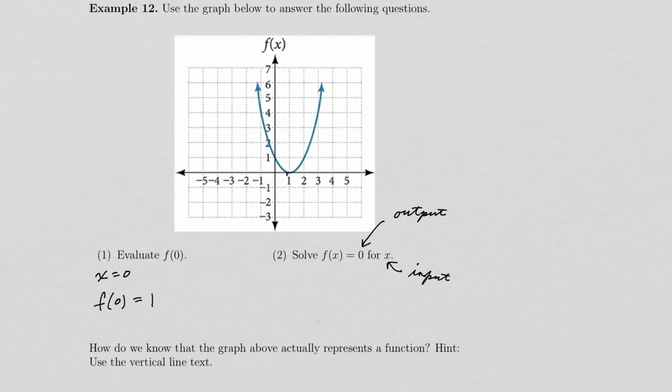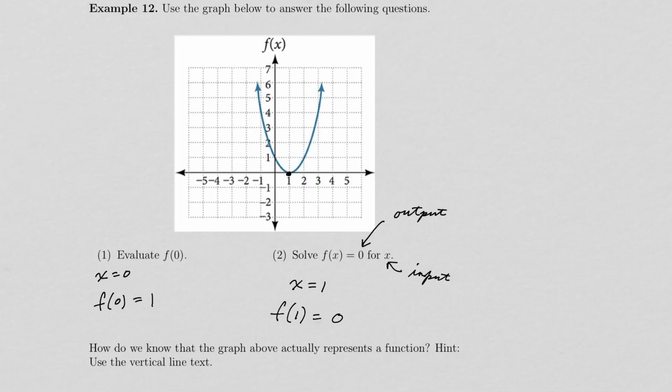If the output is a 0, what's the input? The input is x equals 1, right? Because we know that f of 1 gave us the 0 as an output. Does that make sense?